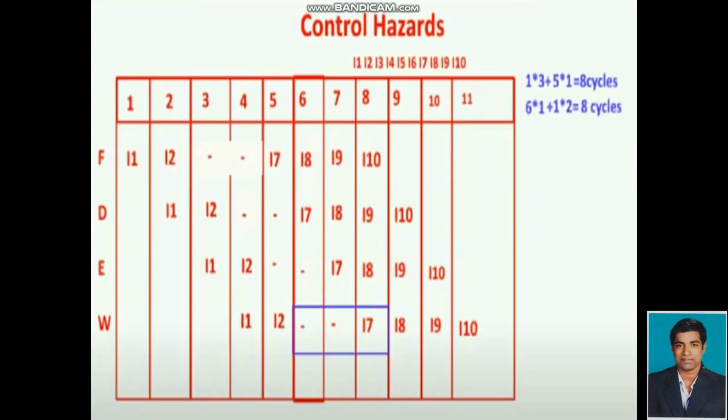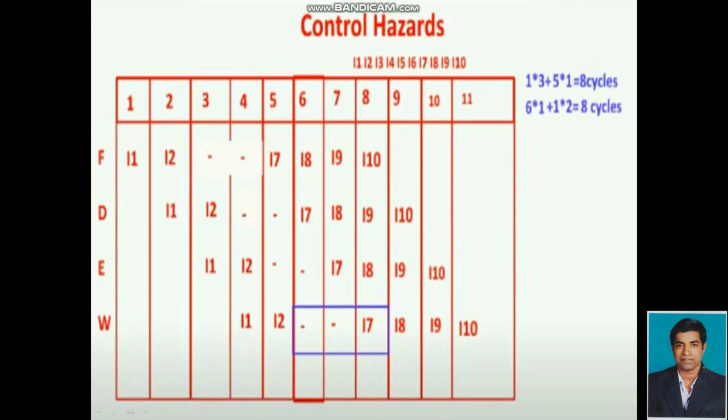Now control hazards. Here we can see the branching taken and not taken operations: fetching, decoding, execution and write back, and there are 11 cycles in how this operation is carried out. By seeing the 8th cycle itself, execution is completed for the 7th instruction. Here 7 different instructions are fetched.